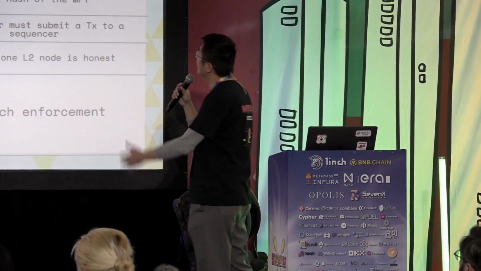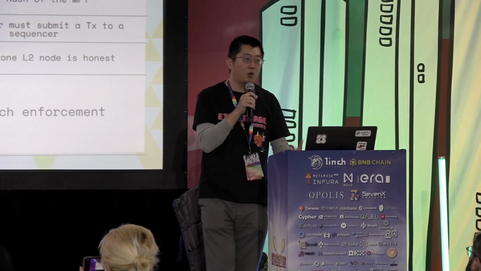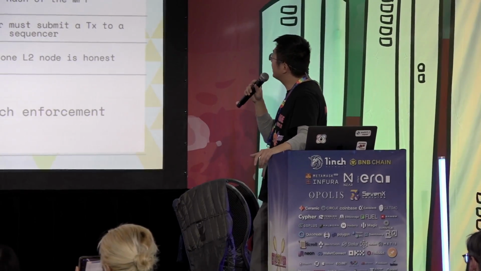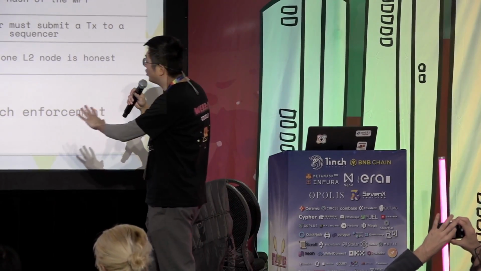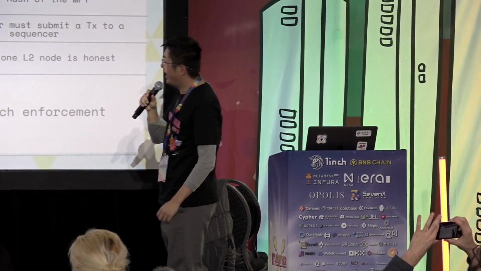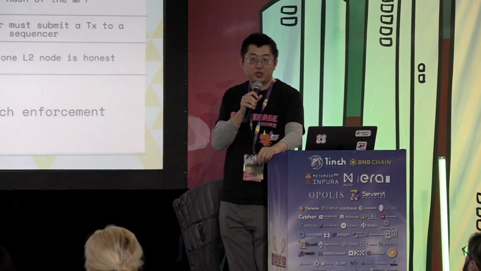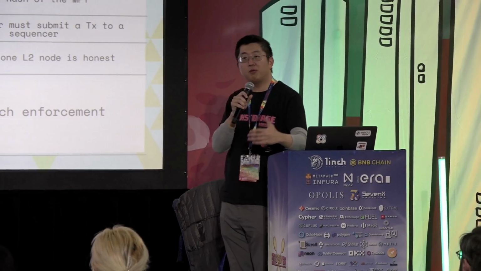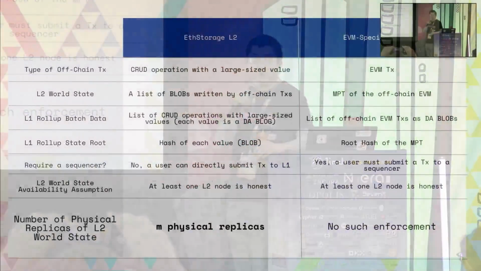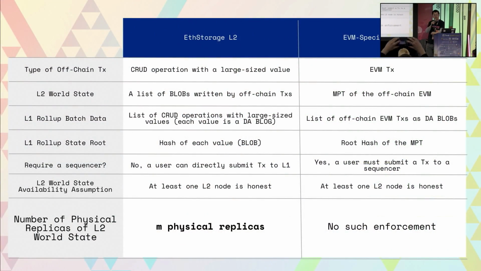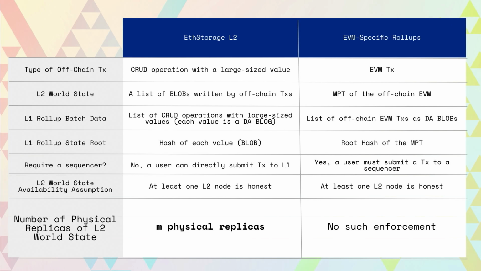So what is the difference with EthStorage as a storage rollup versus the EVM-specific rollups? There's a lot of comparison here, but I just want to highlight one line: we are building this proof of storage algorithm that can be verified on layer 1 so that there are some desired physical replicas stored in the layer 2 network, rather than right now there's no such enforcement for EVM-specific rollups, including optimistic rollups and ZK rollups.